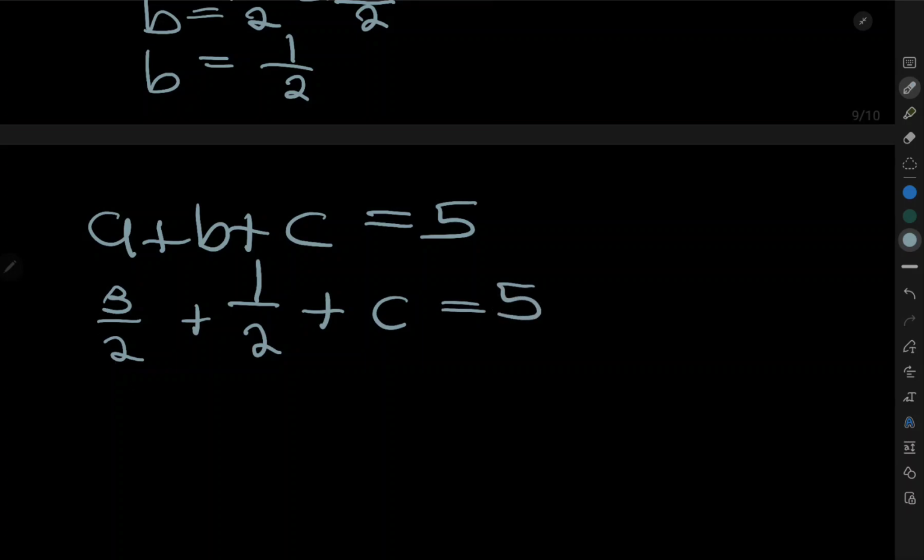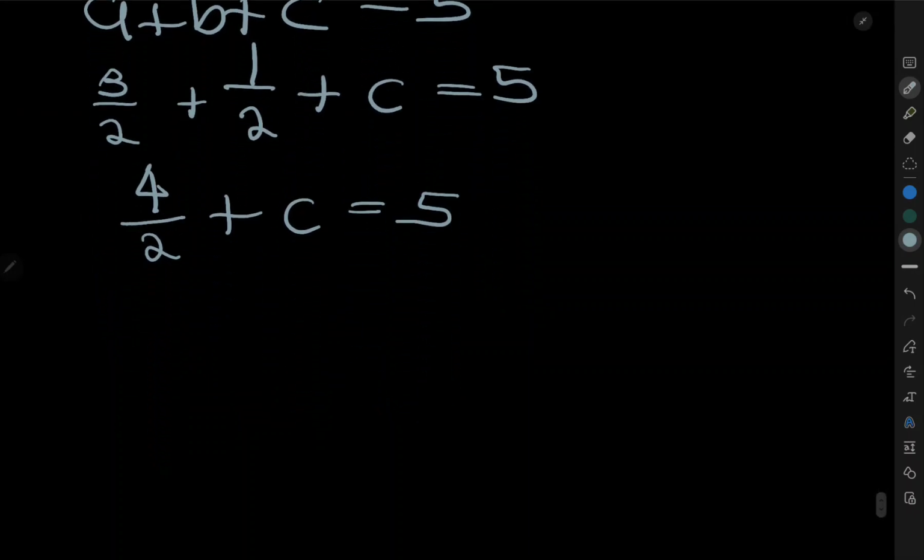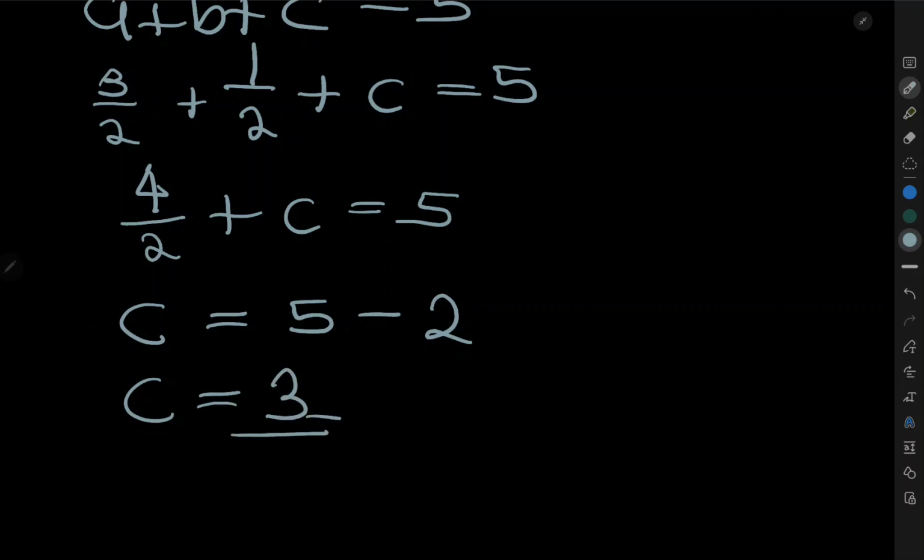So 3 over 2 plus half will give us 4 over 2 plus c equals 5. And we know that 4 over 2 is equal to 2. So we're just going to transpose the 4 over 2. So we have 5 minus 2, so c is equal to 3.